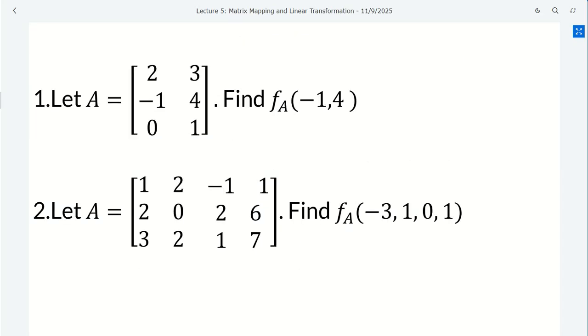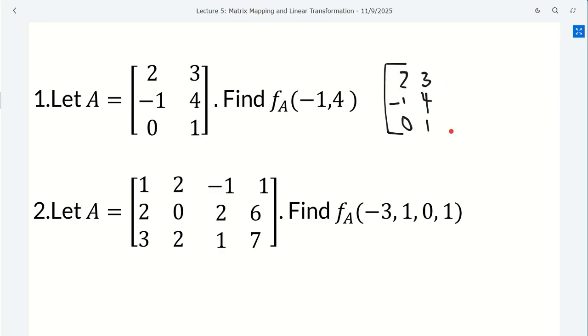All right. So I have a matrix. I want to find a transformation. This is going to transform our objects, or our domain over here, to an image. So the matrix is 2, 3, -1, 0, 4, 1.